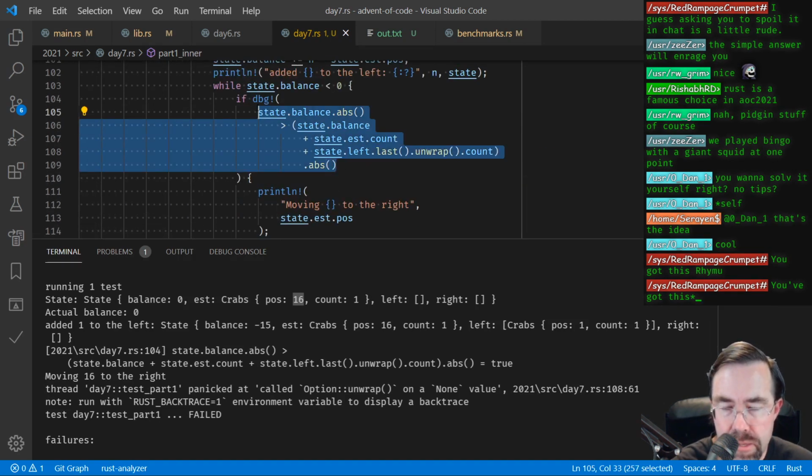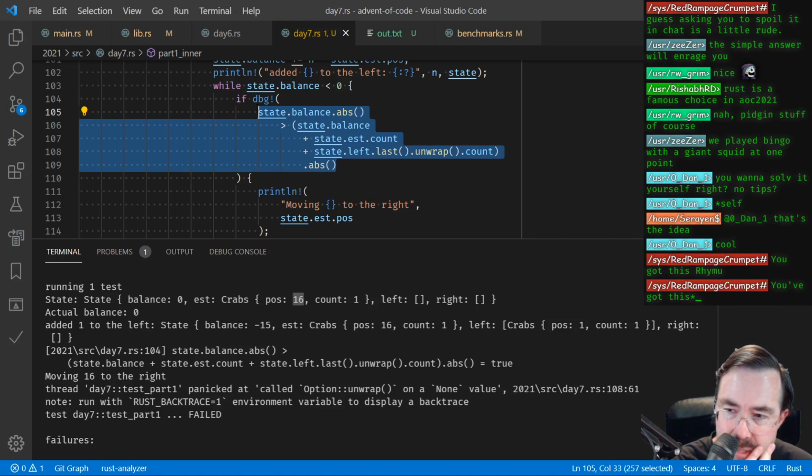This is not even right. Wait a minute. I just thought of something. What if we just line all the crabs up and then just find the balance point by walking left to right until we get a balance of 0?